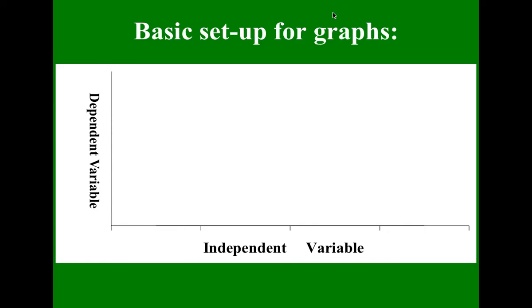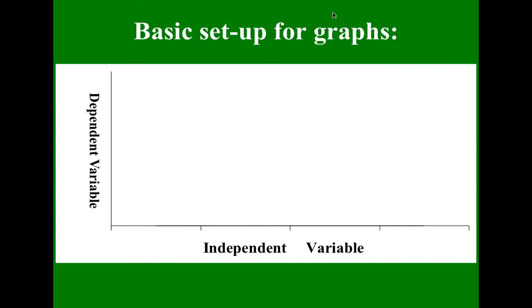So you're drawing a typical graph set of axes with the y-axis being vertical and the x-axis being horizontal. The independent variable amounts go on that x-axis, and our dependent variable numbers go on the y-axis always.